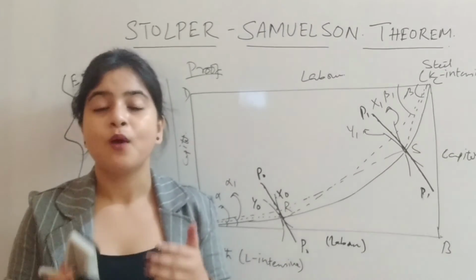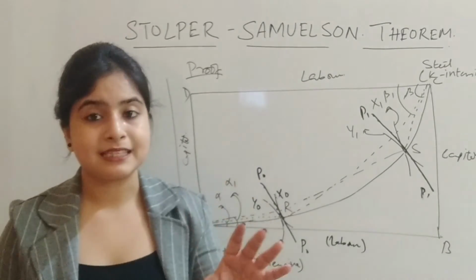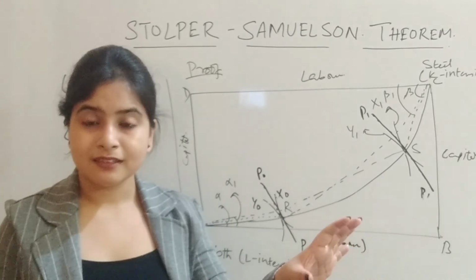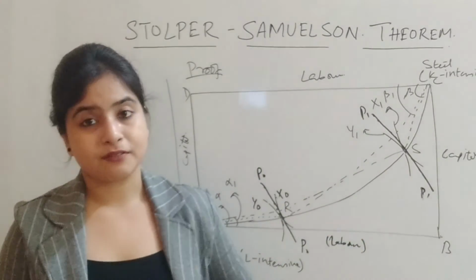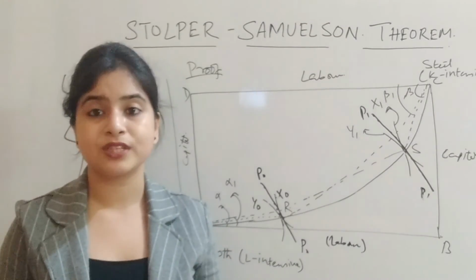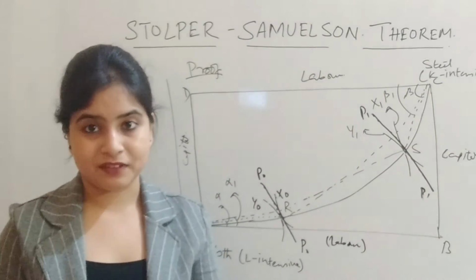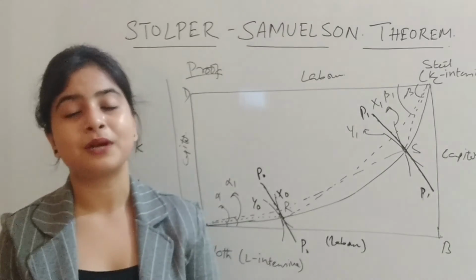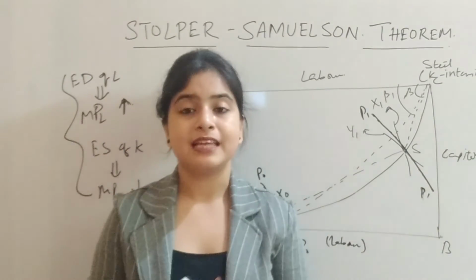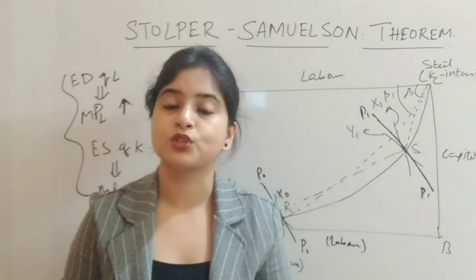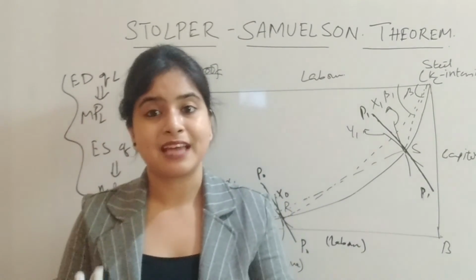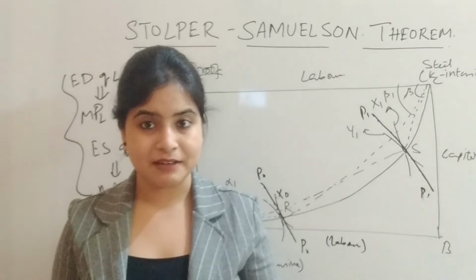When a change in the price of the final commodity induces changes in the factor prices more than proportionately, we have a magnification effect. Suppose the price of cloth increases, then the price of labor, that means the wage, will increase more than proportionately. That situation is captured as the magnification effect.